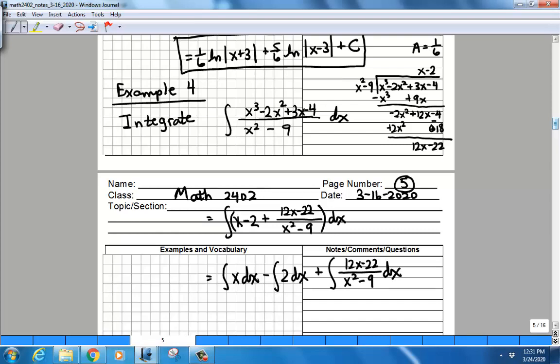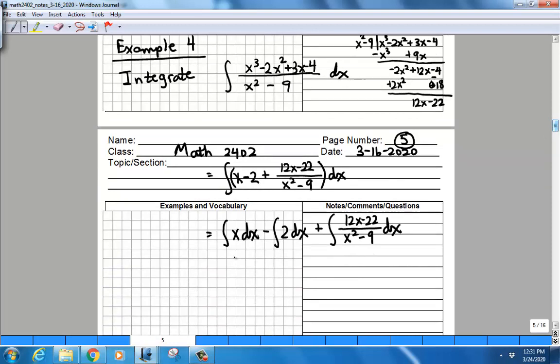And again, these first 2 integrals are very easy to find. You can just use the anti-power rule in both cases, right? The antiderivative of x is x squared over 2, and the antiderivative of 2 is, of course, going to be 2x. So the tricky part here is this last antiderivative, 12x minus 22 over x squared minus 9.